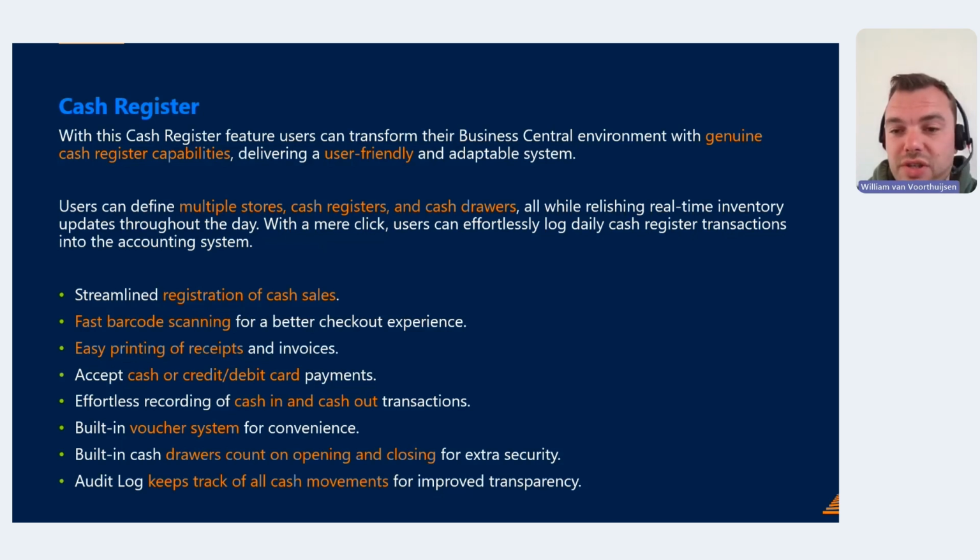And of course, there's an extensive audit log which keeps track of all the cash movements. And I will show that in a minute as well. So basically, to summarize, cash register is a very easy, straightforward, lightweight POS system, which gives the user the ability to handle those easy cash sales.